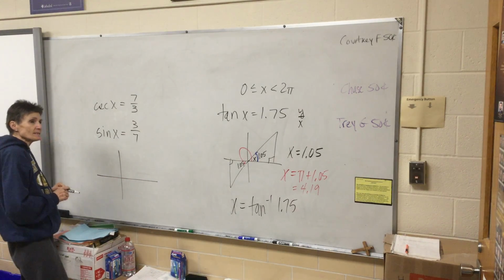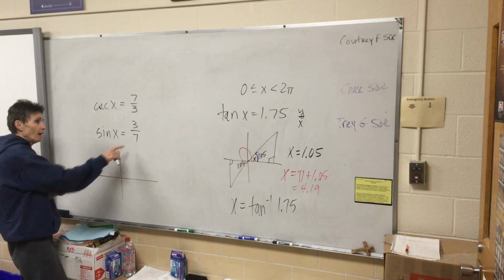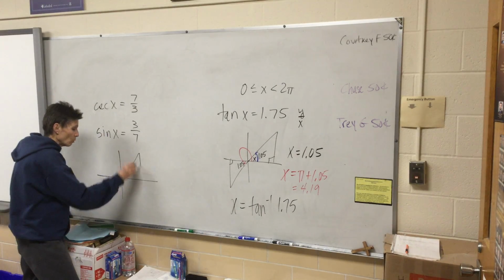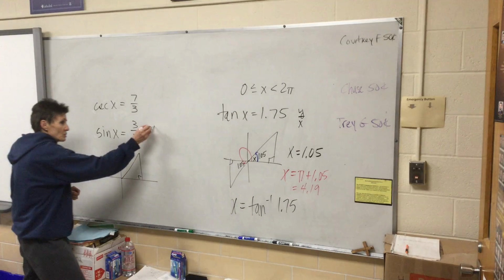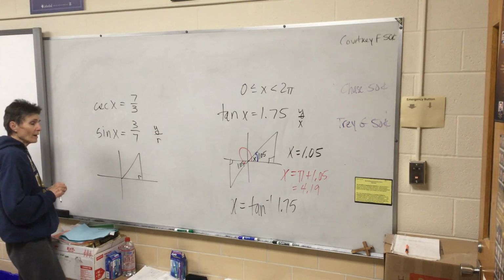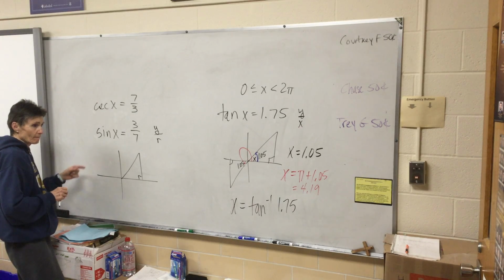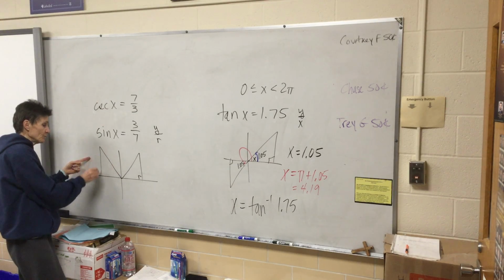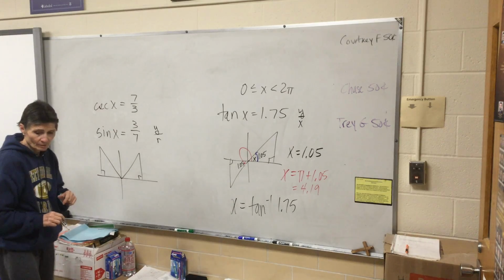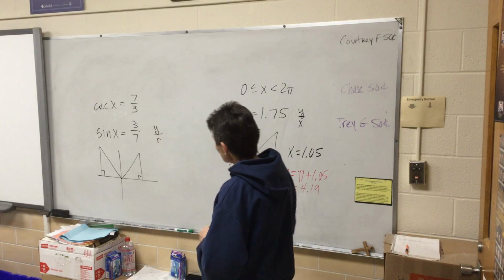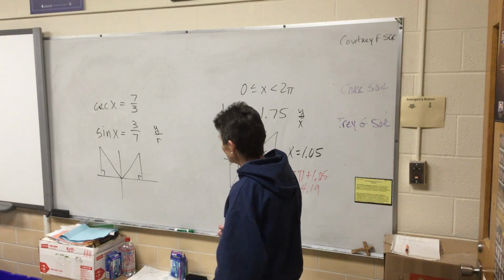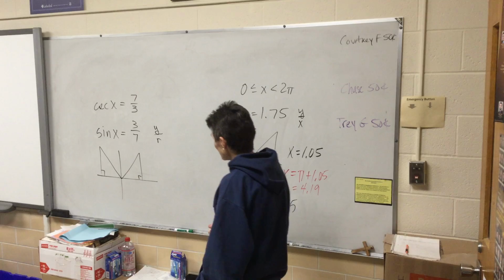So where is the sine a positive number? Certainly in quadrant 1. Where else is sine, which is y over r, where else is that positive? Quadrant 2. Sine is positive in 1 and 2 because that's where y is positive and sine is y.